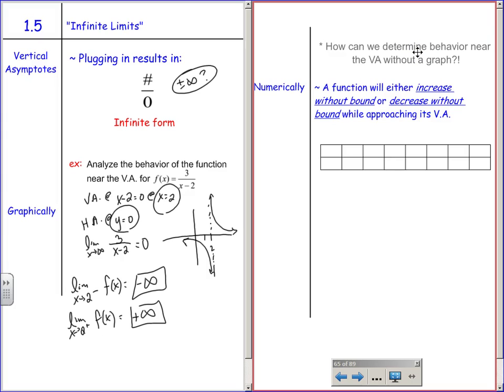A function will either increase without bound or decrease without bound when approaching its vertical asymptote. So let's say we're approaching some little guy A. Let's say at A is number over 0, which technically doesn't exist, but we know that's going to be plus or minus infinity with a question mark.